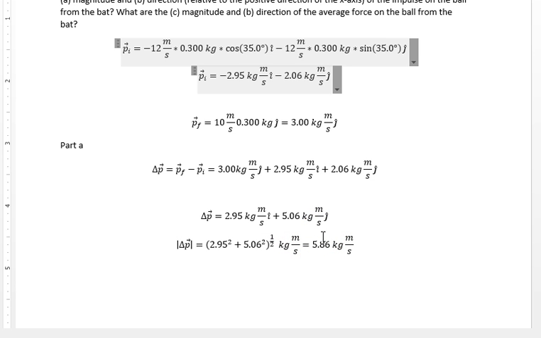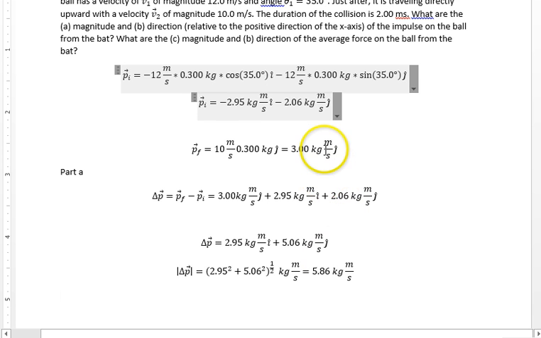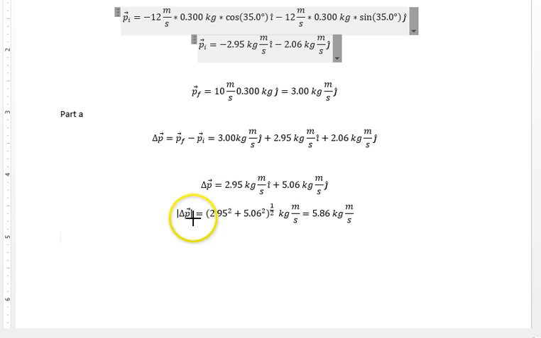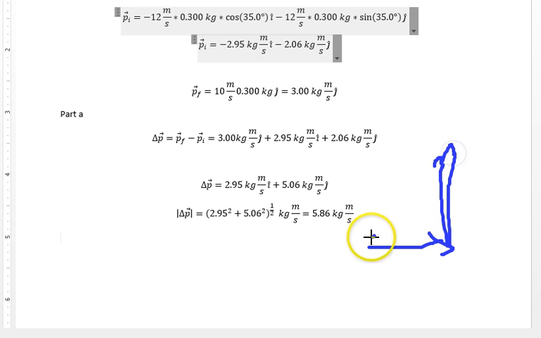All right, part B is the direction relative to the positive direction of the x-axis. Okay, so we have about 3 basically horizontally and 5 up, and we want to know that angle relative to the positive direction. So we're just talking about the inverse tangent of the y component divided by the x component.